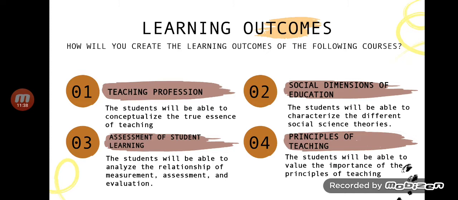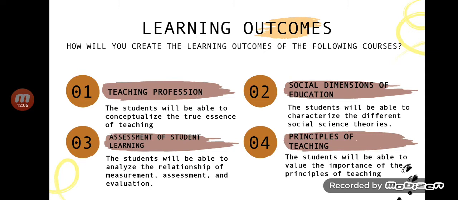Let's say for teaching profession, the student learning outcome is this. The students will be able to conceptualize the true essence of teaching. Our verb here is conceptualize. Now what about for social dimension? The students will be able to characterize the different social science theories. Our verb is characterize.